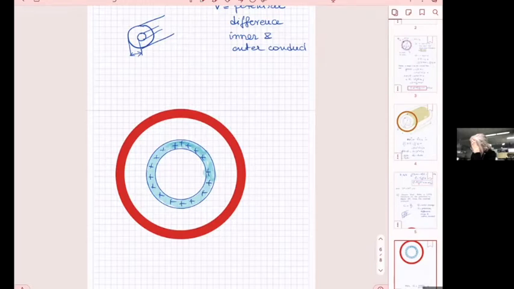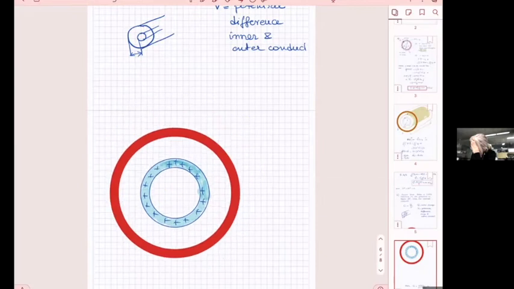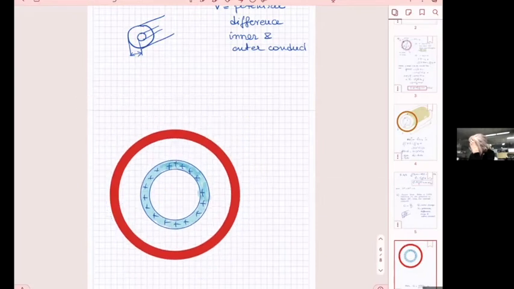And the voltage is going to be between the inner conductor and the outer conductor. Now, assuming we have a voltage defined well, assuming that all of the outer conductor is going to be at one voltage, and if it's grounded, it's going to be 0. And then all of the inner conductor is going to have another voltage.